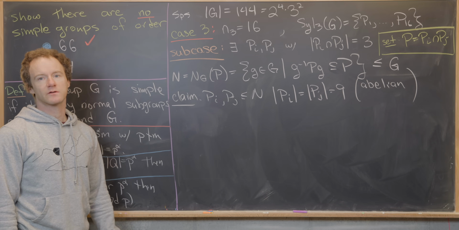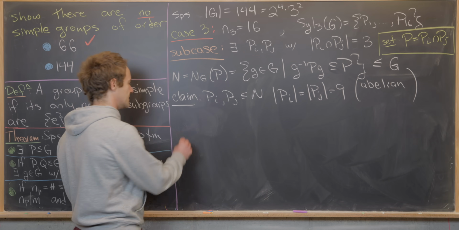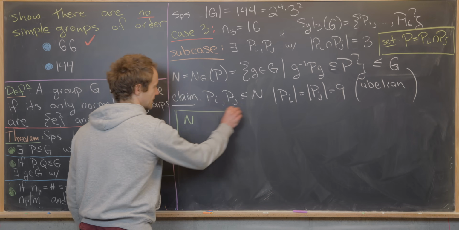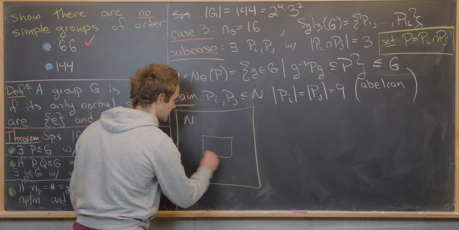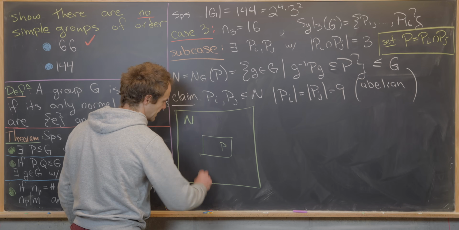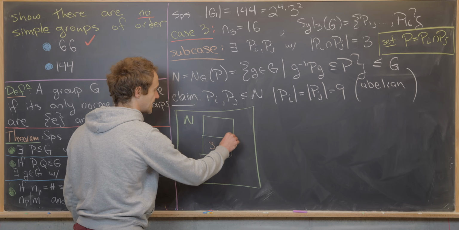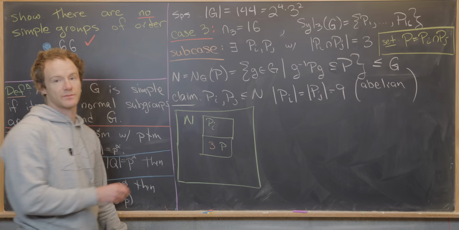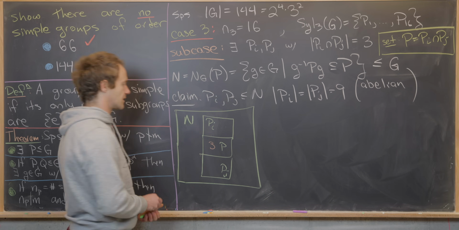But now we can make another little diagram that will inspire a lower bound for the order of N. So let's say we've got N here is this whole box, and then we have P, which is right here. We know that P has 3 elements. P is the intersection of Pi, which is up here, and Pj, which is down here.